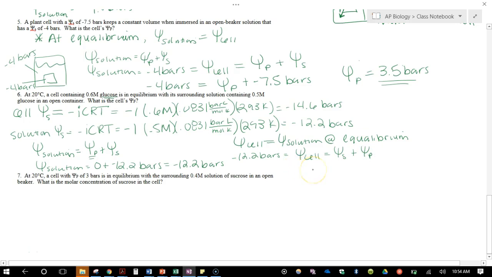We know the solute potential equals negative 14.6 bars. So negative 12.2 bars equals negative 14.6 bars plus my pressure potential. That would mean my pressure potential has to equal 2.4 bars.